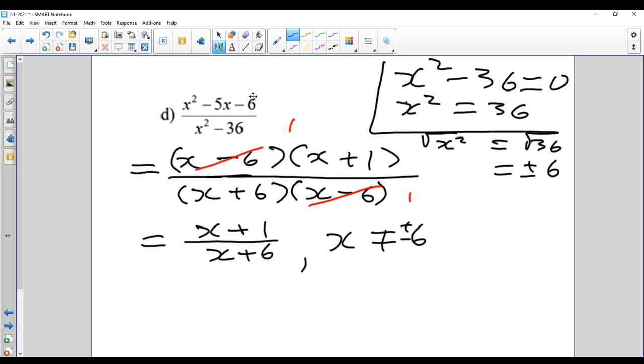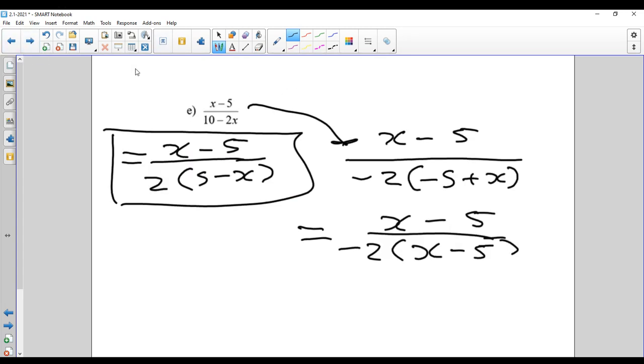If there was, I would have taken that out and put one number in front and then divided everything by it. In this case, there is a common factor on the bottom of 2 or minus 2. We're finding out that using minus 2 actually works better because it makes me have the right signs for the x and the 5. It becomes a positive x and a negative 5.